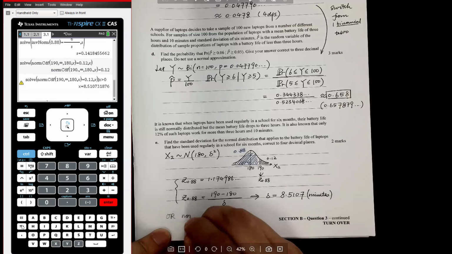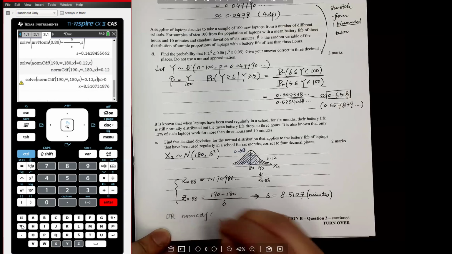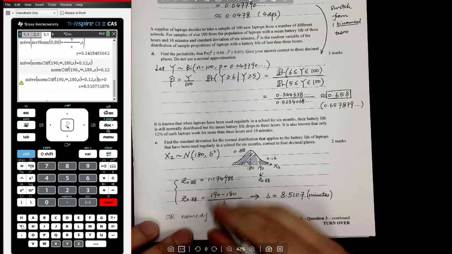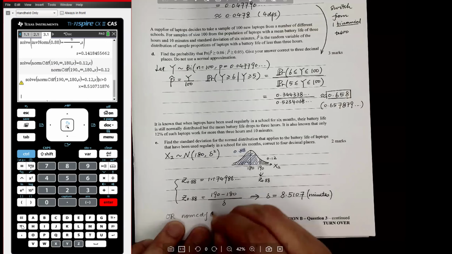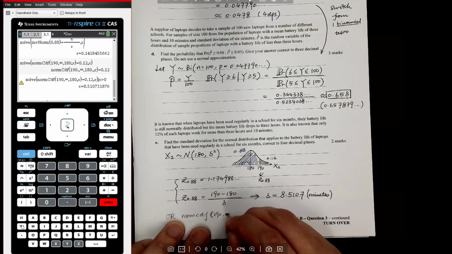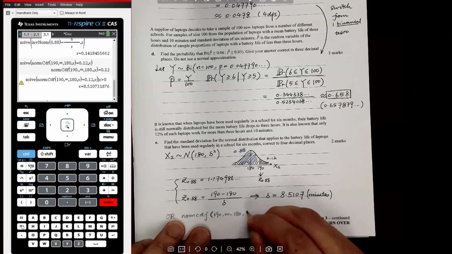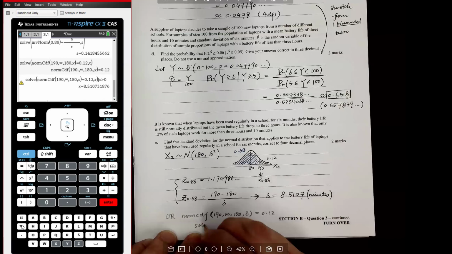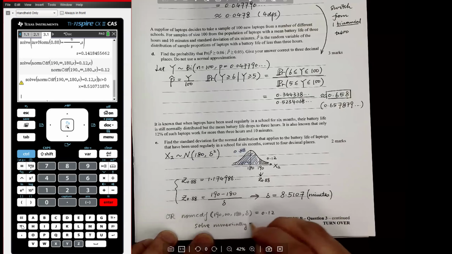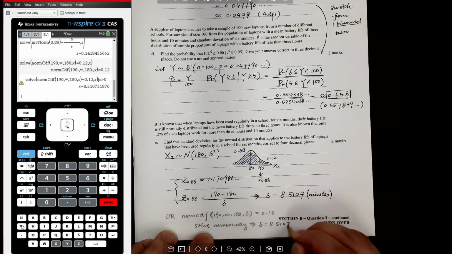Or norm CDF. Let's put it with the pencil. Norm CDF 190 to infinity, 180, for sigma equals 0.12. Solve numerically. Sigma equals 8.5107 minutes.